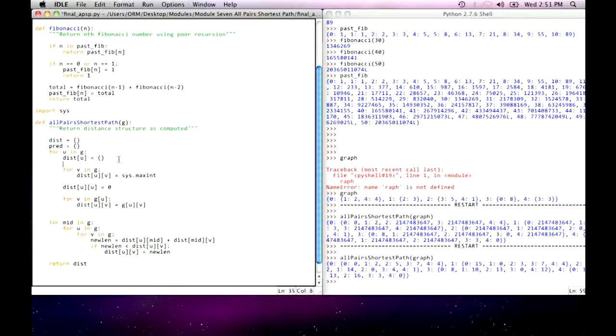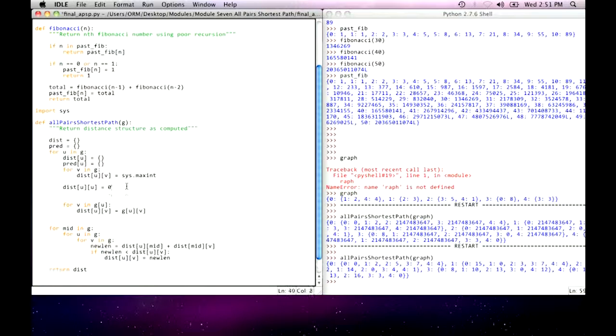When I set up my initial solution, I know that the predecessor on the diagonals are, I'll use none. There is none, because you can't have an edge from itself to itself. However, what do I do with the others as well?